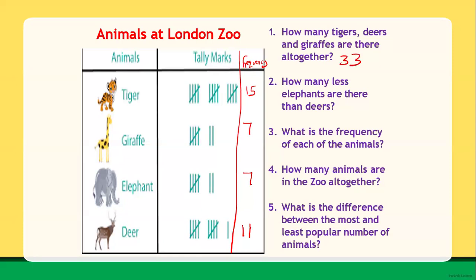Now we go to number 2. Number 2, four less elephants than deer. Okay, thank you so much. Let me see whether we can have another one to give us number 3. Jude, what are you getting? Ronnie, what do you have?